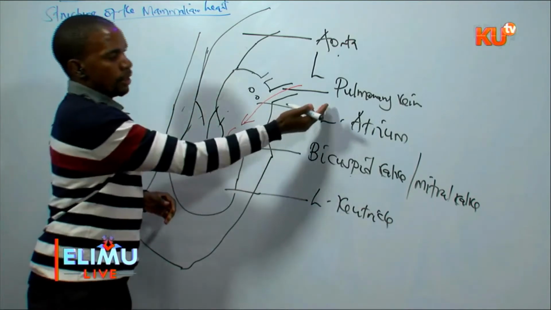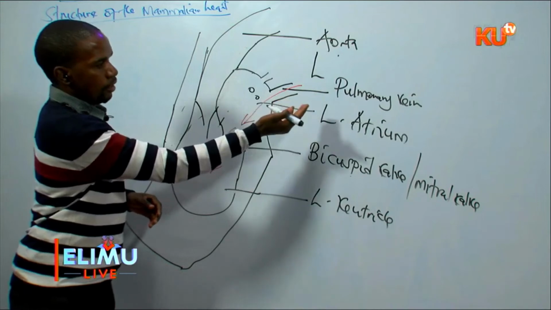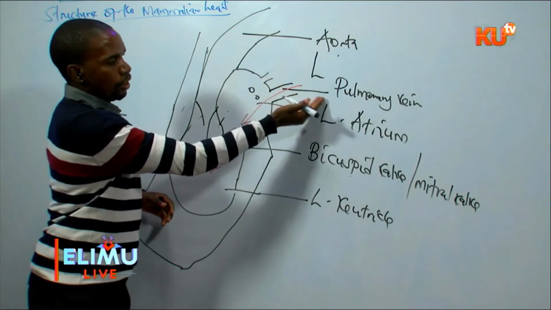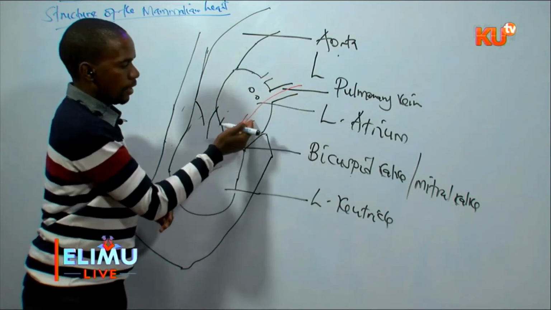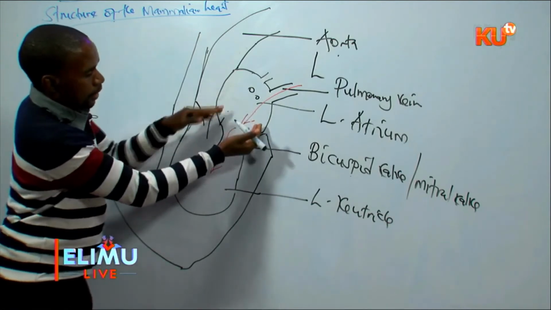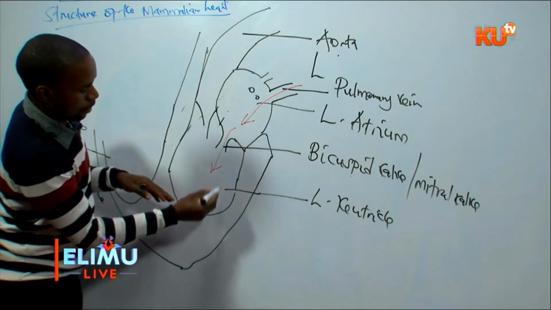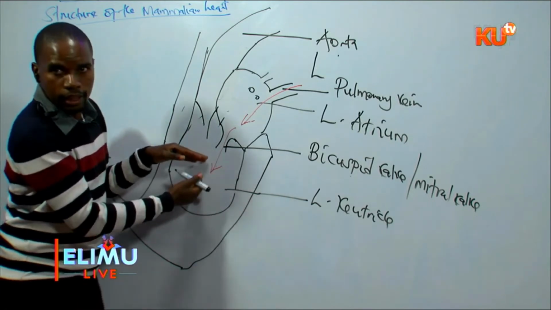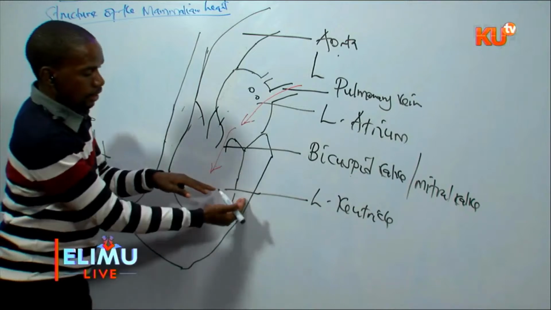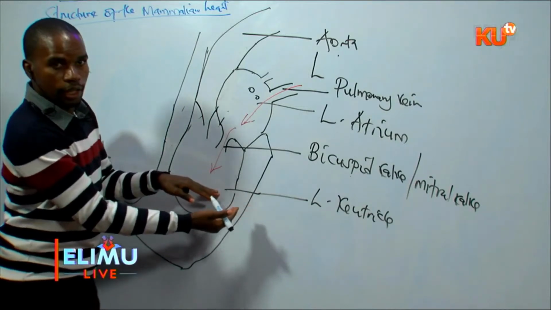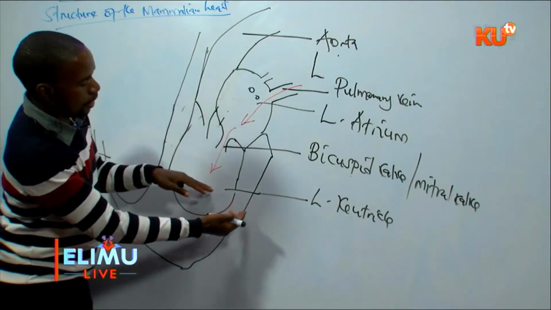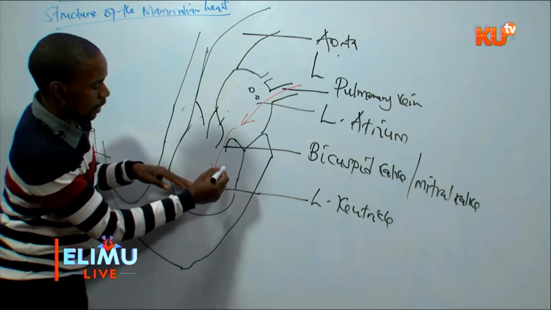So blood is coming in from the lungs, through the pulmonary vein into the left atrium here. Because of the increased pressure here, blood is forced into the bicuspid valves. Then pressure is also generated here, because we have seen that this particular ventricle has thicker muscles. So a lot of pressure is generated here.